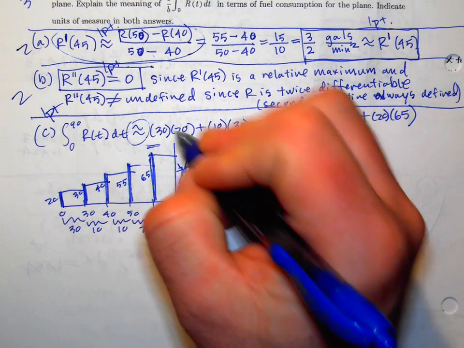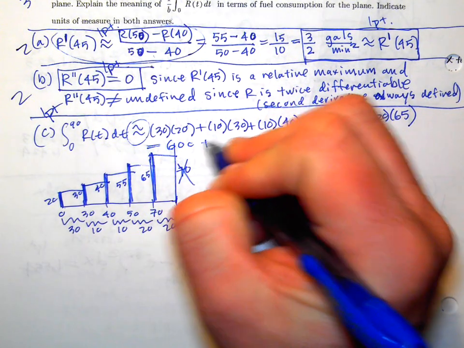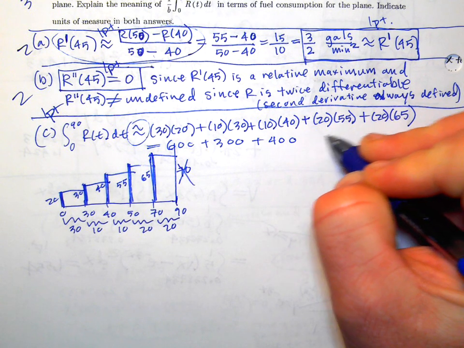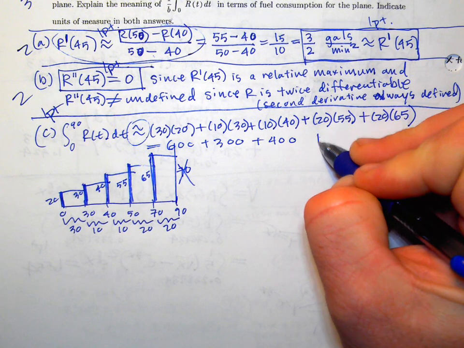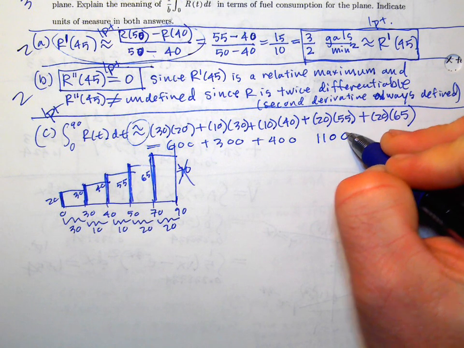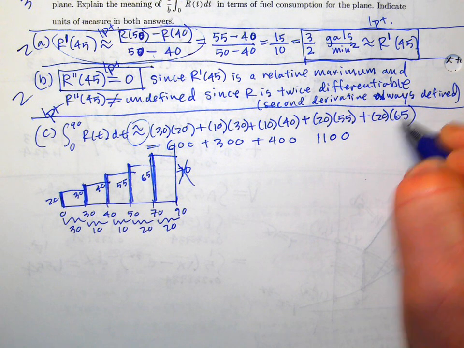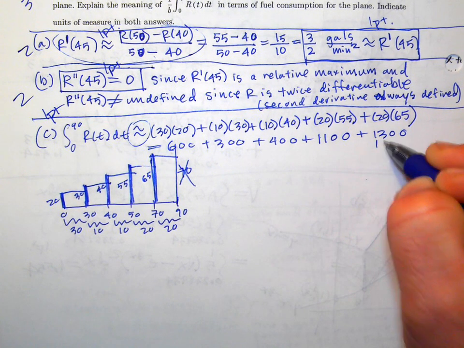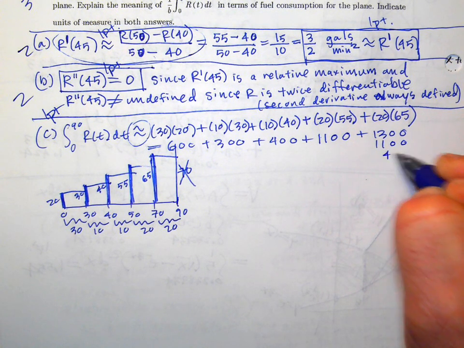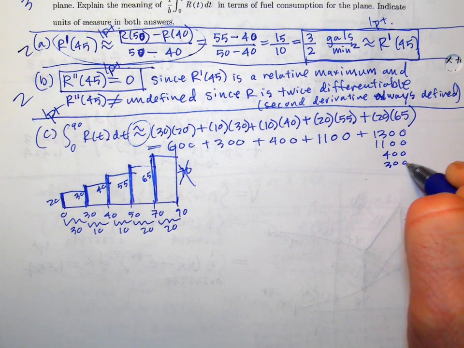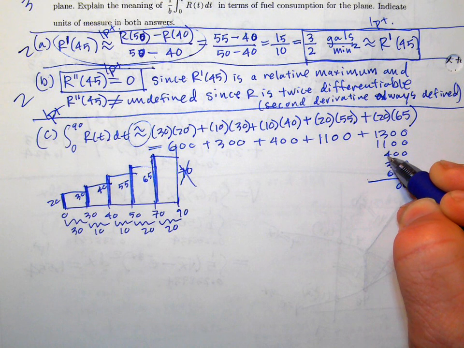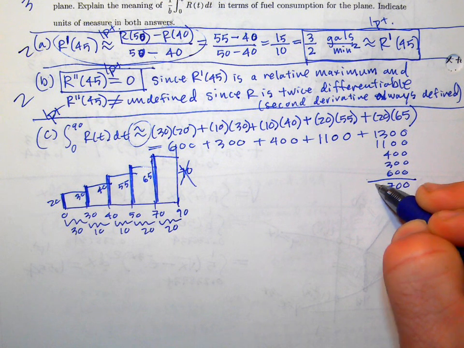Now, this is going to be 600, 300, 400, 110 with an extra zero, 120, 130 with an extra zero. And then we don't have a calculator, so we just got to add these up however you want. 0, 0, 10, 17, carry the 1.